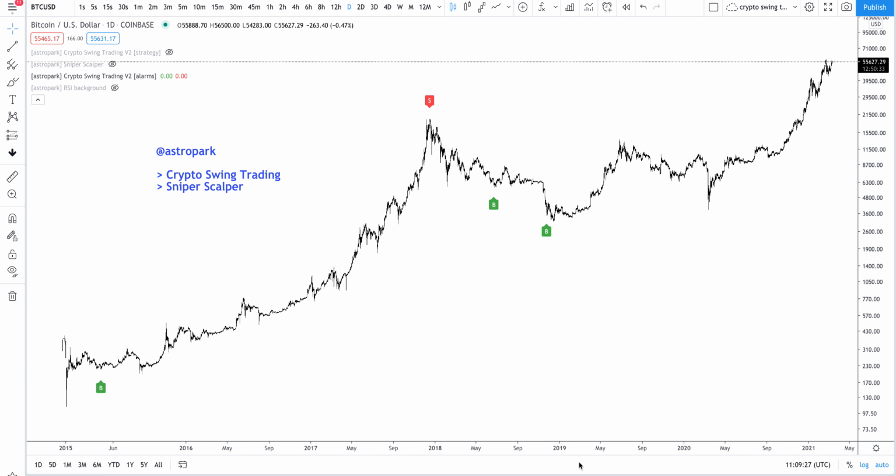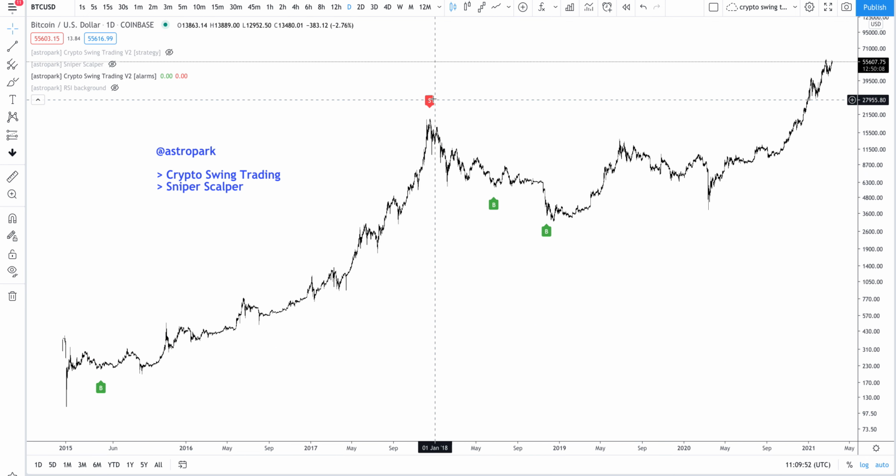Then I will show you also a little bit about my Sniper Scalper indicator, which is not an isolated strategy, but it gives a lot of scalping signals, both long and short. So you are supposed to buy on a B label.